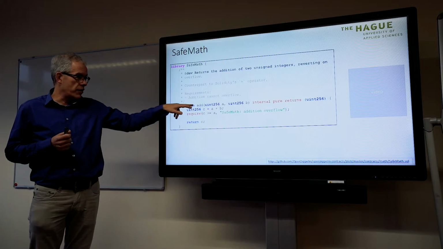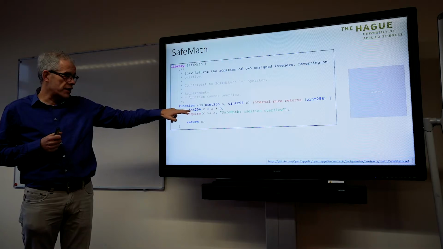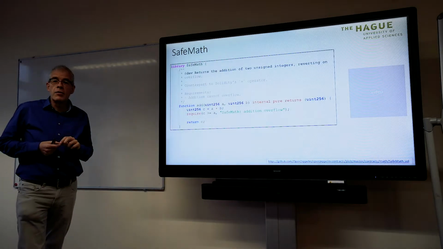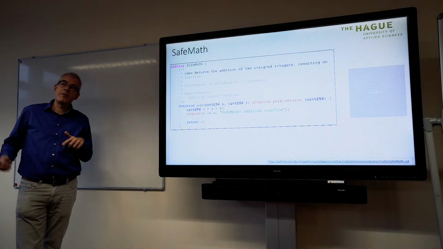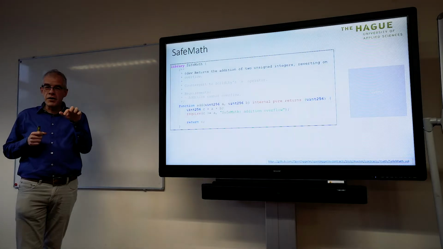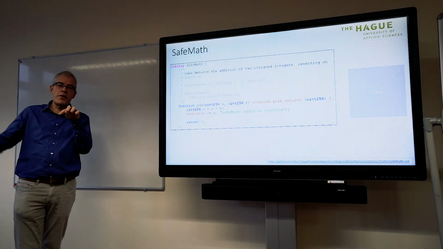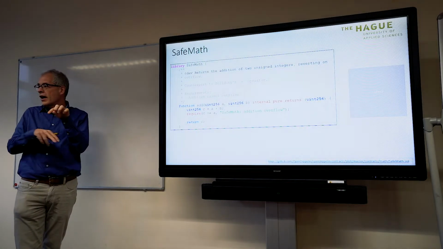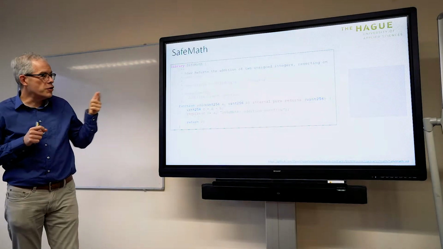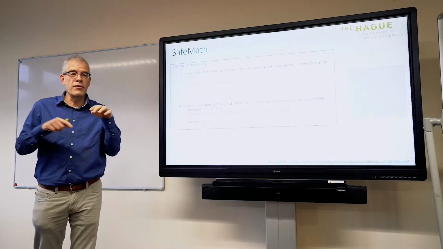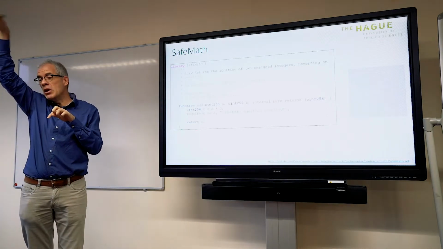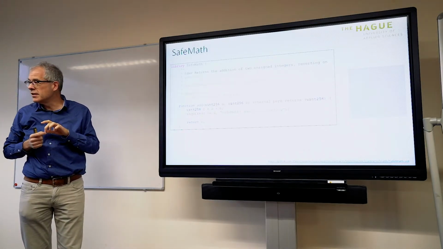For example the add, it checks that it doesn't overflow. Especially the underflow is interesting: if you have 0 tokens and you subtract one token, you would say I have -1 tokens. But as it's a uint, an unsigned int, you don't have -1 tokens, but you have millions and millions and millions of tokens.